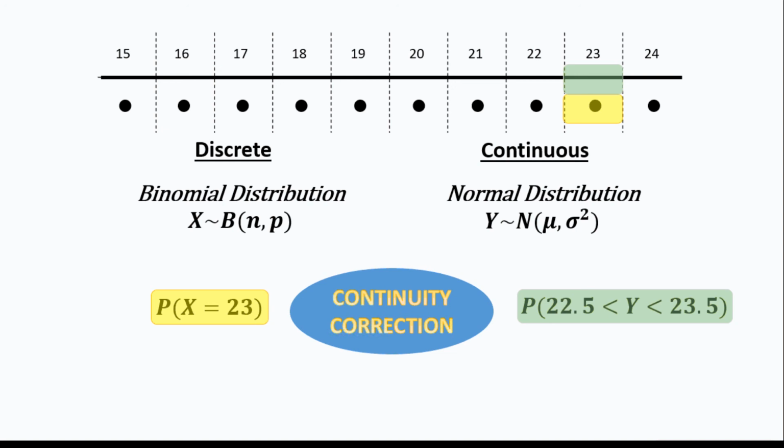We make use of the upper and lower bounds of the values that the discrete distribution can take. A key question to ask yourself is whether or not the limits or the boundaries for the discrete probability statement are to be included or not to be included. And that helps you to determine the values you should use for the continuous distribution probability statement.